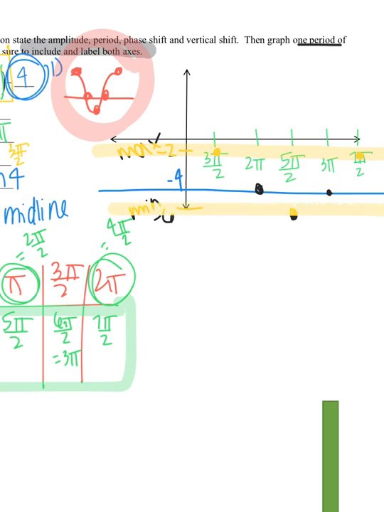So every point is either on a maximum, a midline, or a minimum. That is the only place that my points can be. So now let's just connect our dots. And voila, this matches exactly that little sketch that I had in the upper left-hand corner.